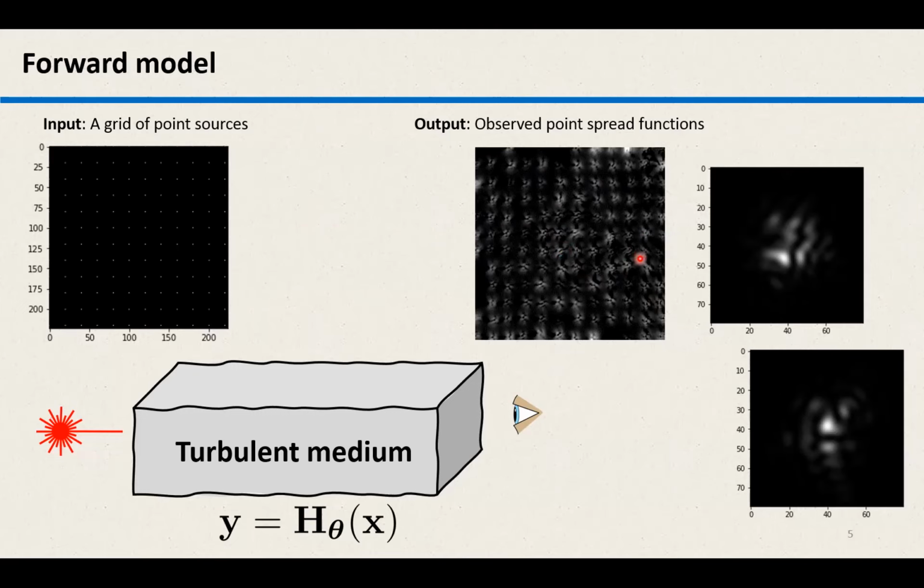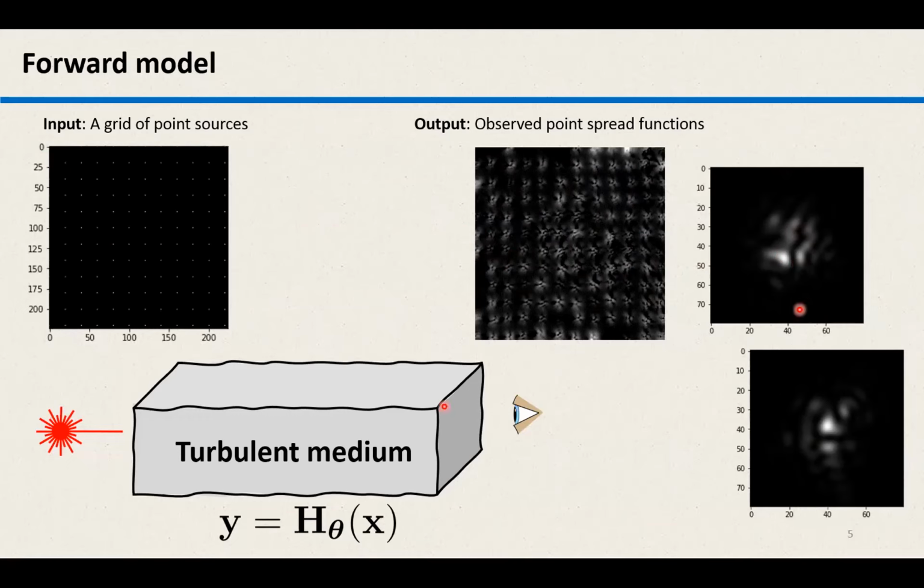If you look at this receiver side, we can see that each point in the input space is going to be mapped to something we call the point spread function. At different locations in the input space, you have a different point spread function. The point spread functions are spatially varying, meaning that at different locations, you have a different point spread function. They change in shape, they change in size, they change in magnitude.